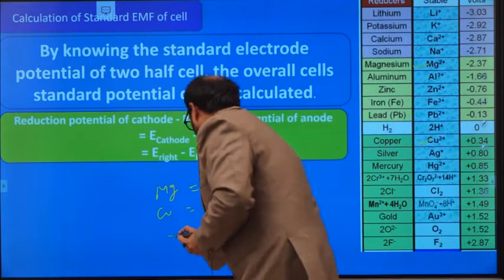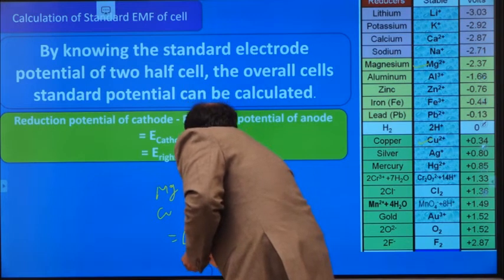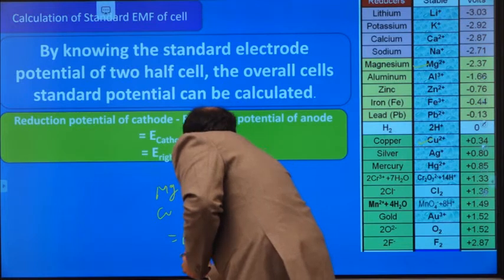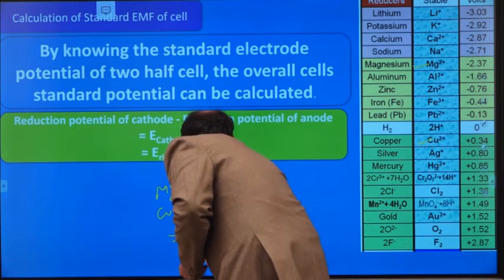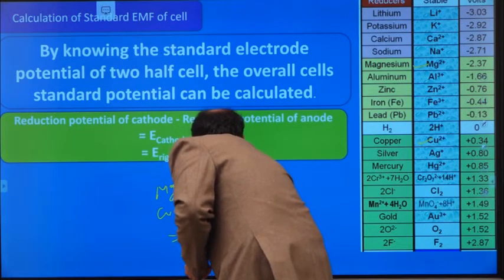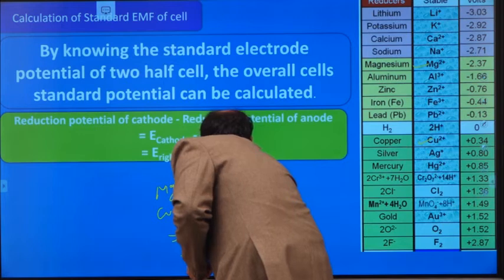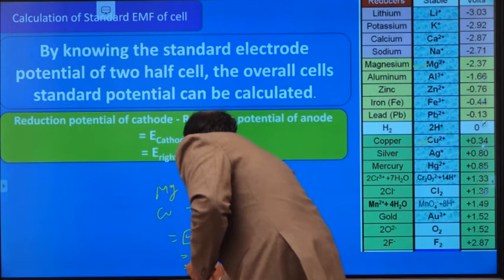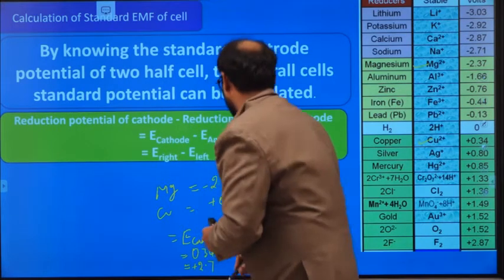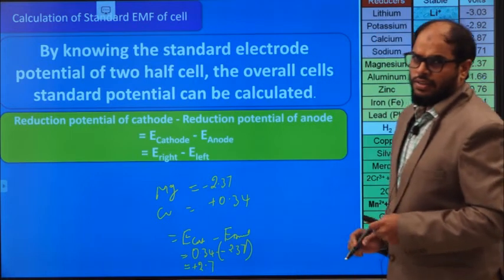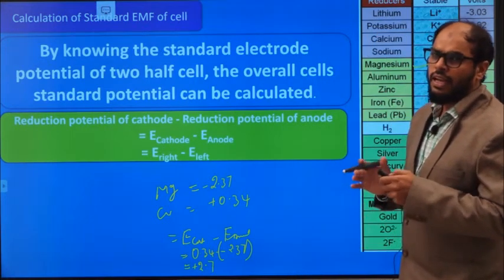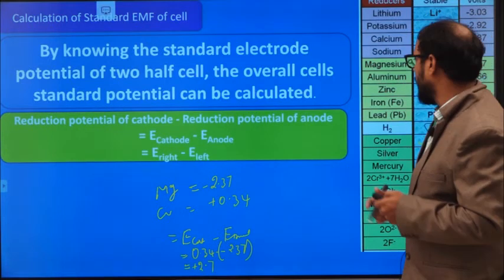So again substituting E cathode minus E anode, the value is approximately 2.7. So likewise we can find out the EMF of any galvanic cell or any electrochemical cell.